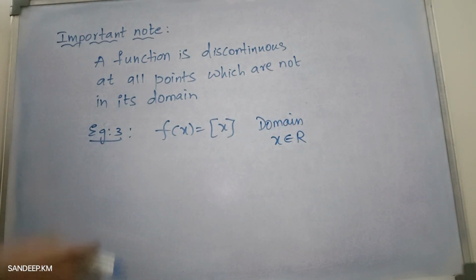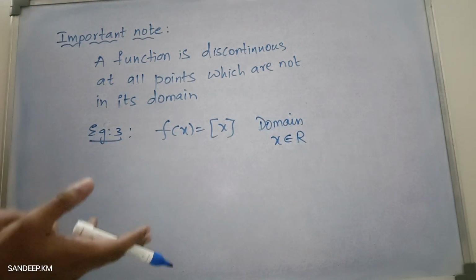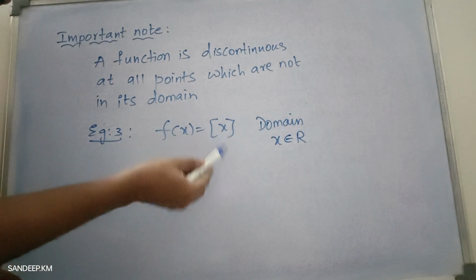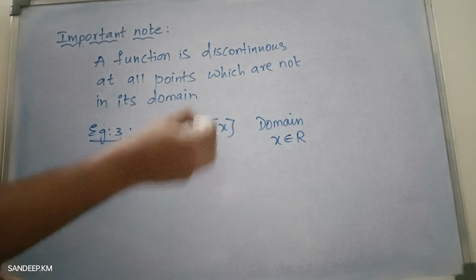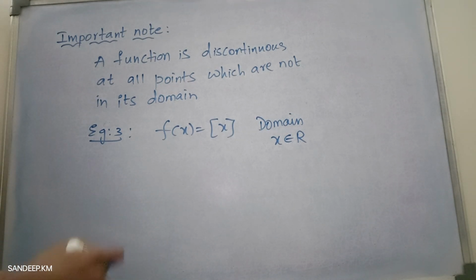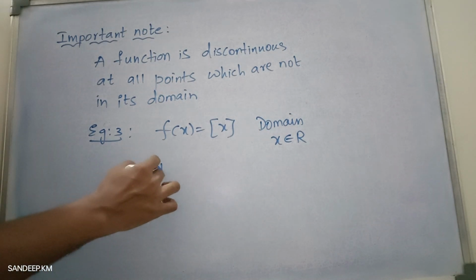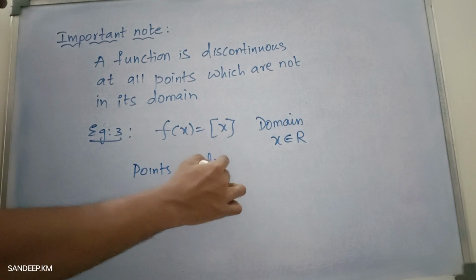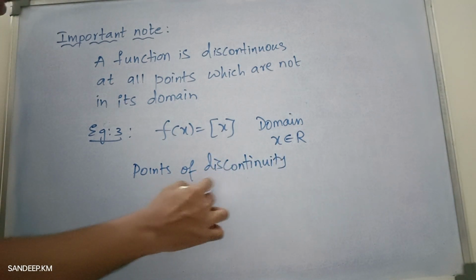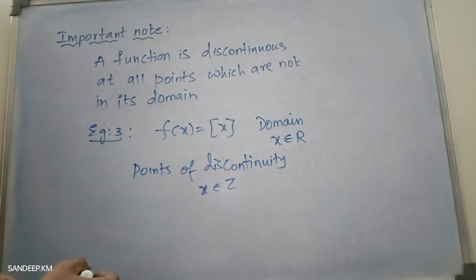Does it mean that the function does not have points of discontinuity? It's not like that. Even though the domain is any real number, this function has points of discontinuity. What are they? They are x belonging to Z.